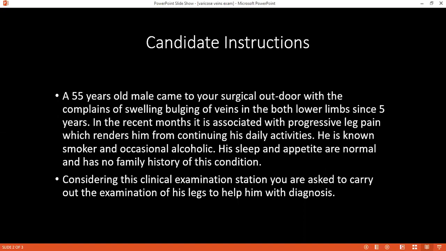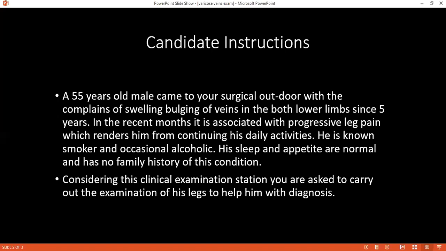It shows the incompetence of the vein. And also I will check for limb edema. Then I move proximally to the saphena varix, which is 4 centimeters below and lateral to the pubic tubercle.